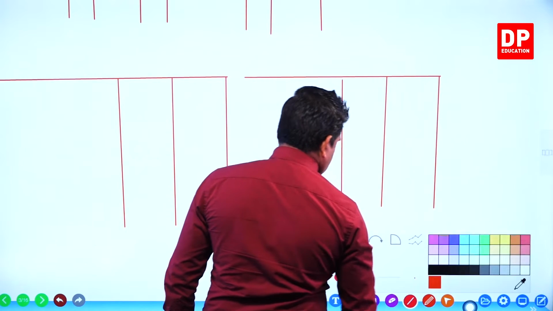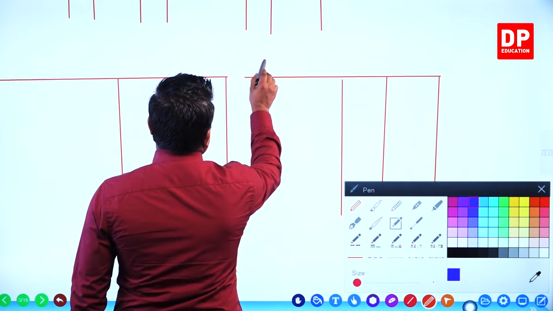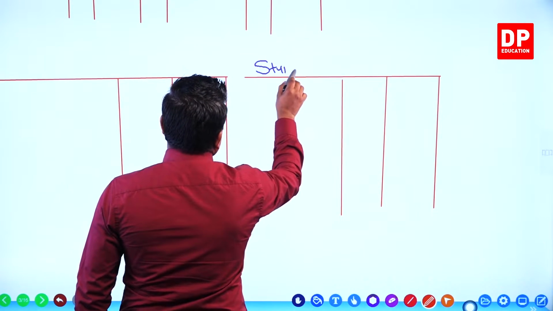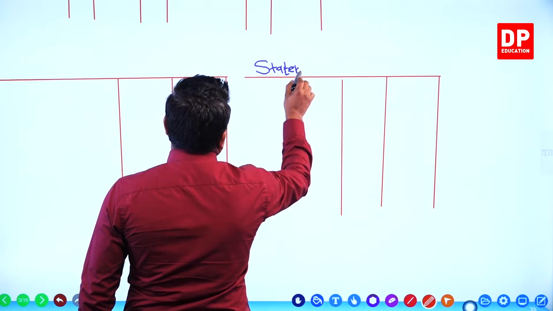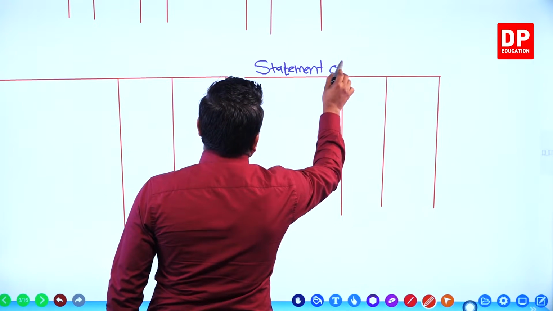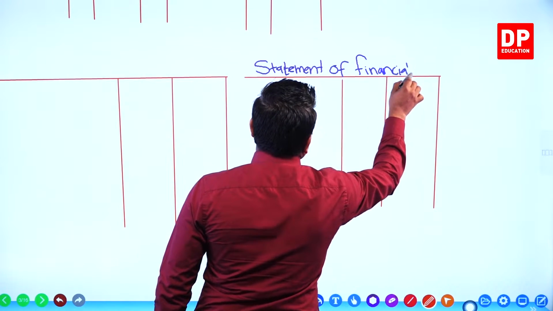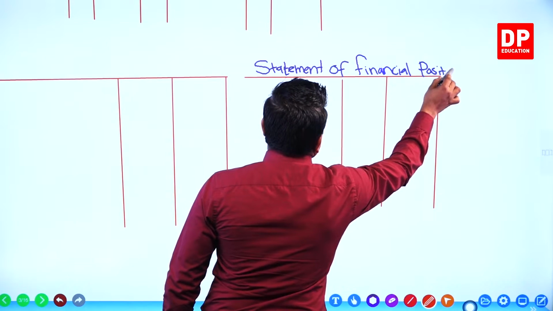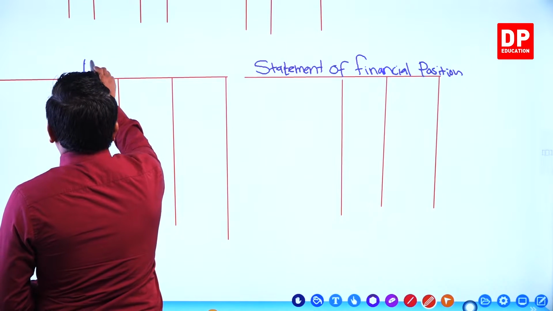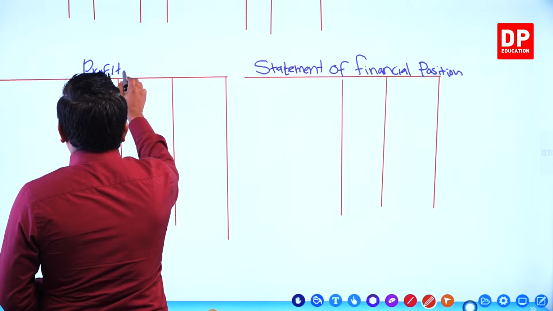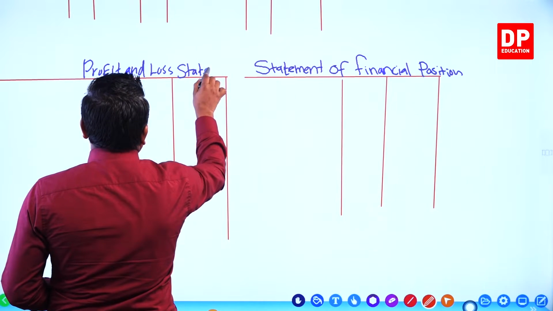Then I use another color. What is this? Statement of financial position. Then this is the profit and loss statement.